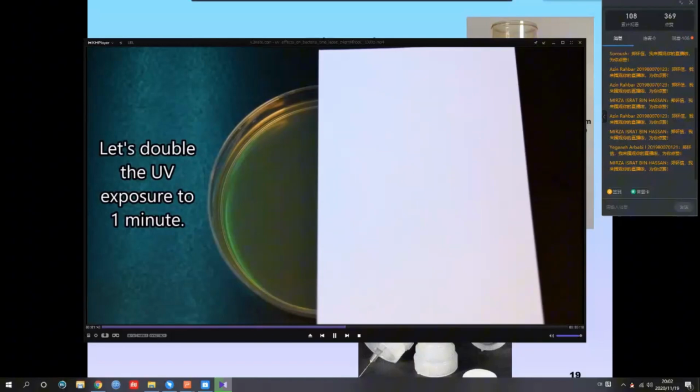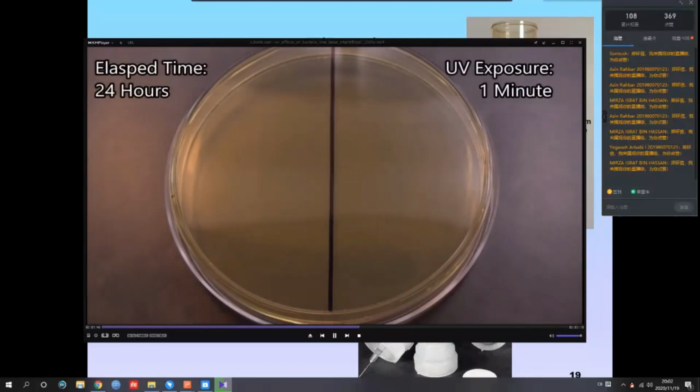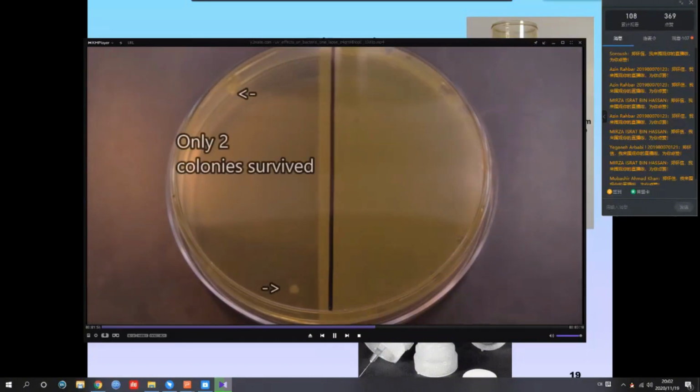And this time, 1 minute exposure. And you grow the plate, and only 2 colonies survived. So this is 1 minute.